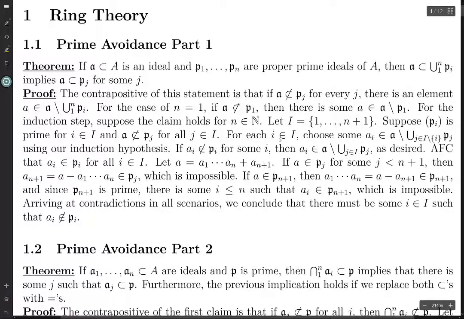Now for each index i, we can choose some element a_i which is in A but not in the union of the other ones because of our induction hypothesis.